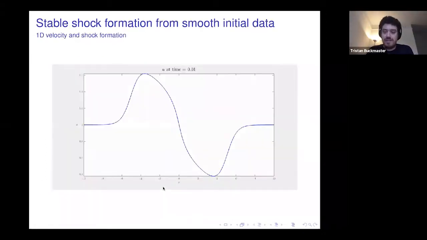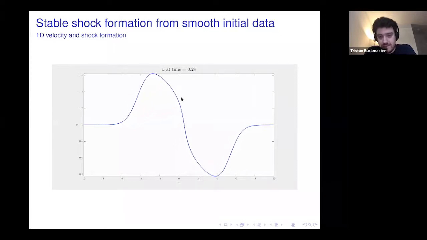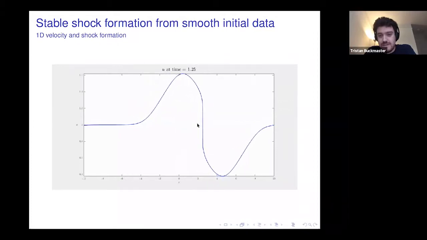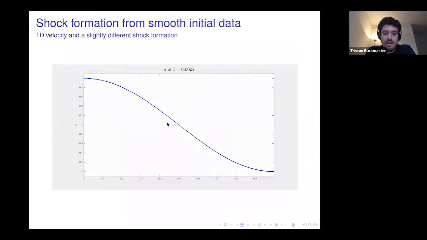And so to give you an example of what happens in the 1D situation, this is a video of the profile of the velocity, and you see that a shock will form at some point here. That stops. And this is the kind of behavior we're looking for. This is in 1D, and this is slightly different data.